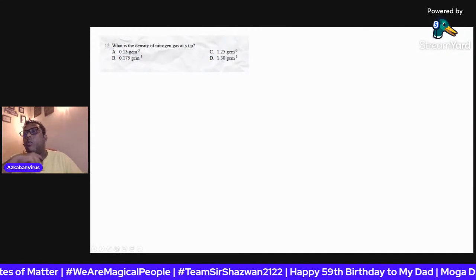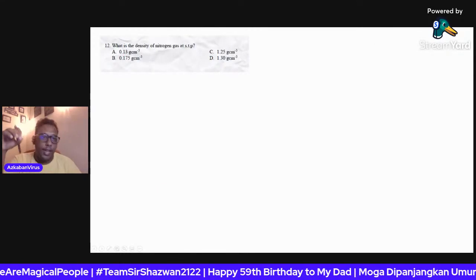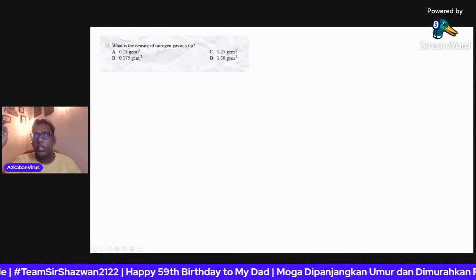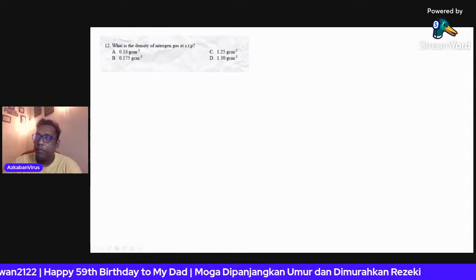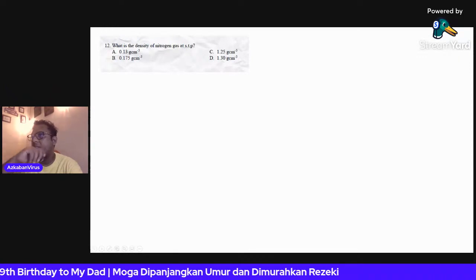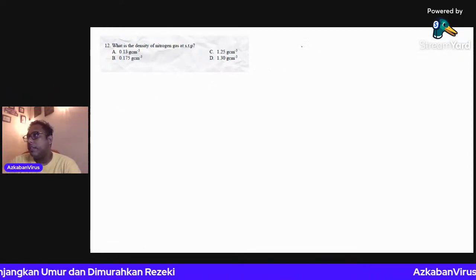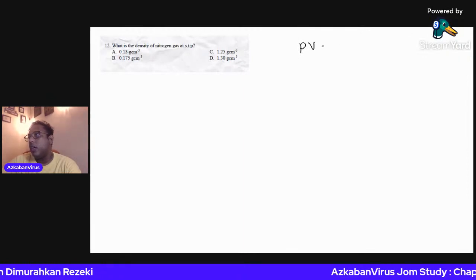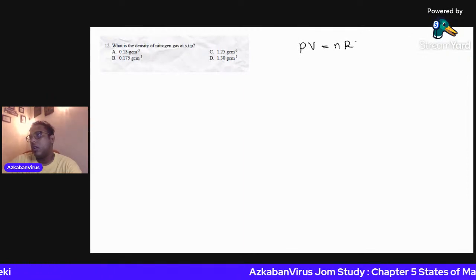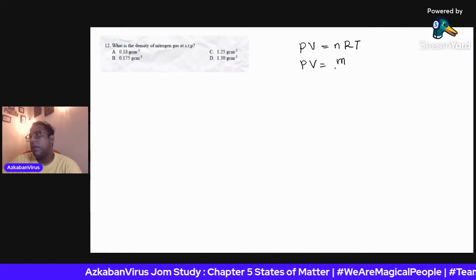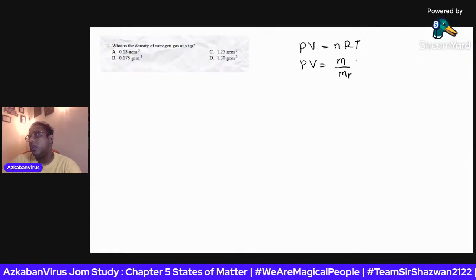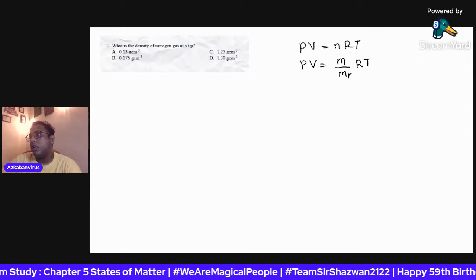Next one. What is the density of nitrogen gas at STP? Standard temperature and pressure. At STP, okay. Okay, soalan nak cari density. So tak apa, kita start pada PV ikut nRT. PV is equal to mass over molar mass RT.